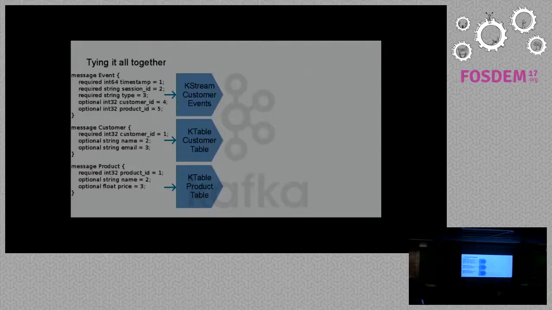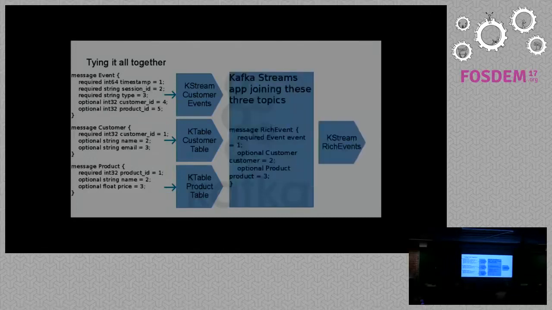Then from your customer database you get these customer messages, which again have a customer ID, a name, and an email. And your product database provides the product messages, with a product ID, a name, and a price. Then you have a streaming application joining these three topics and emitting a new message, which is a very simple message.